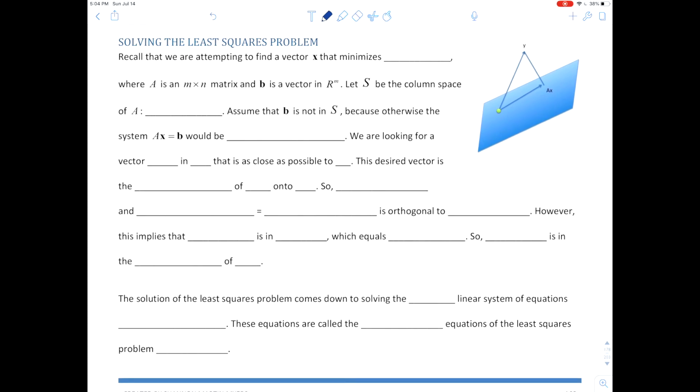So now we get to our least squares problem, finally. In this visual, this vector right here, we'll just call this the vector B. We want to get it in terms of our letters, okay?